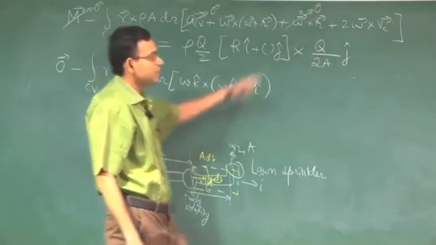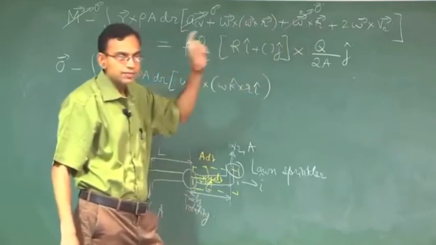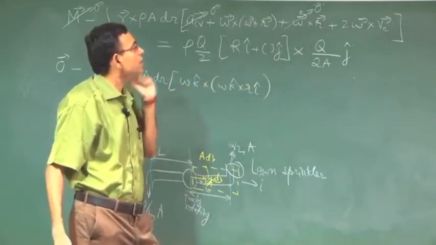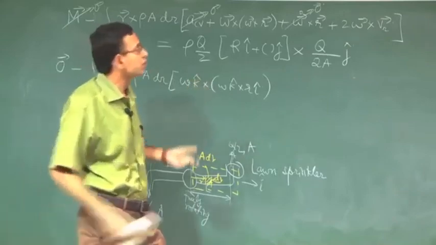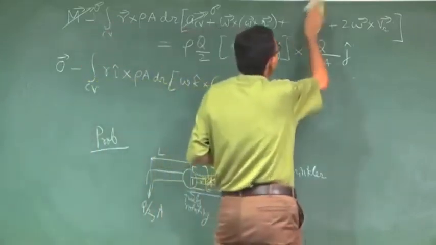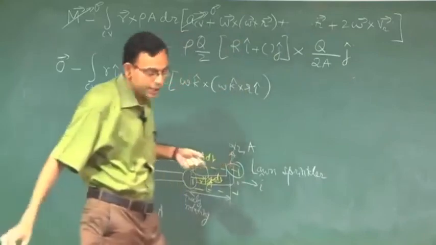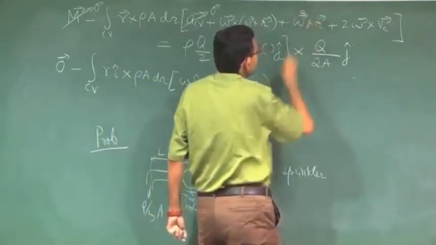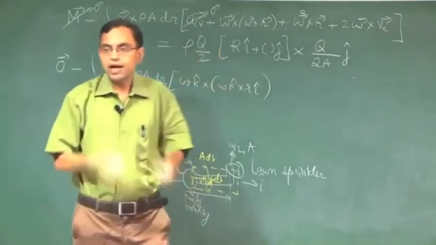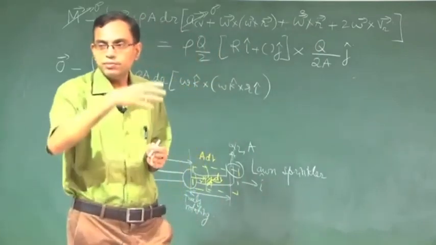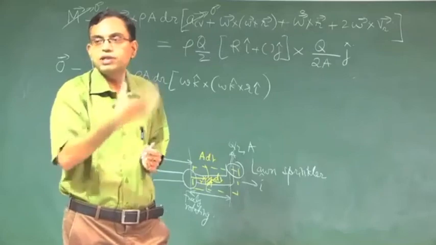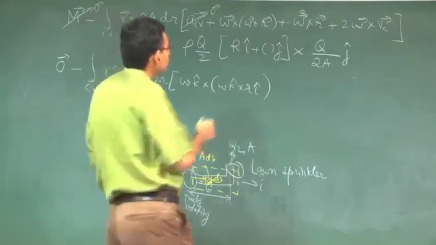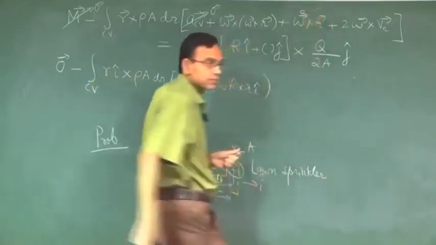Angular acceleration is 0 in this case. I mean, if you want you can keep it, in fact you should keep it. The reason is that although you are not driving it with an angular acceleration, because omega itself is changing with time, at unsteady state it must have an angular acceleration. So this term must be there.